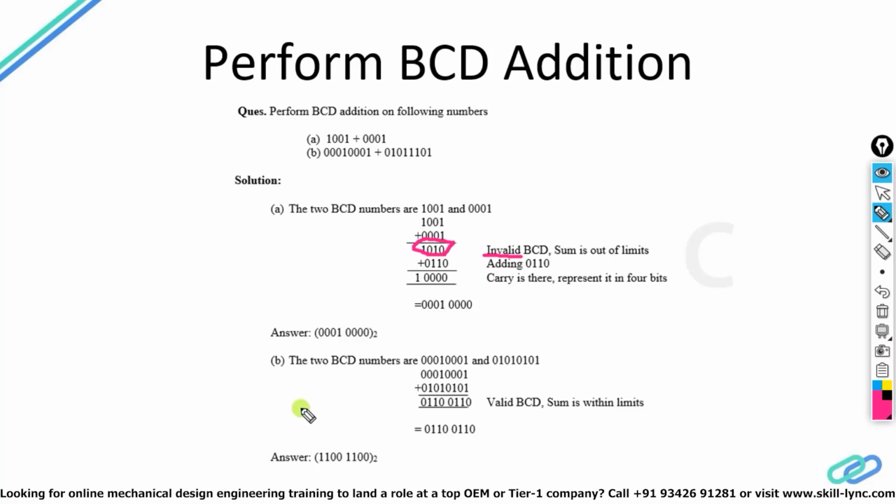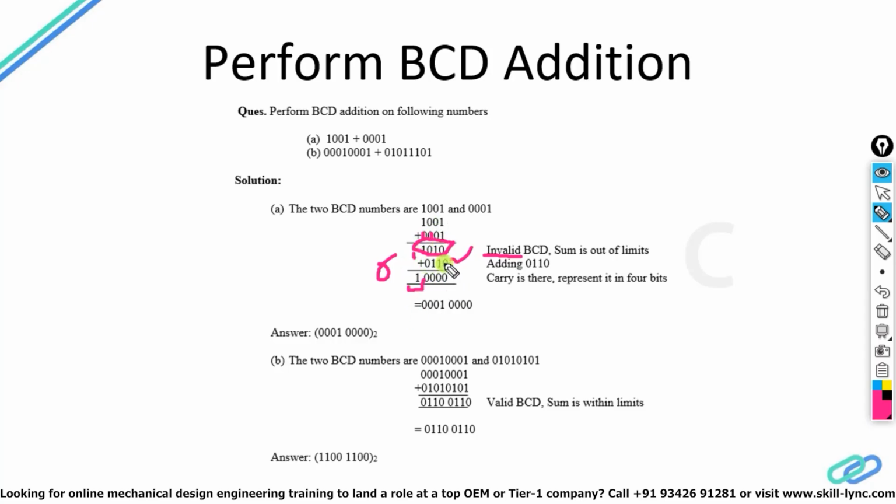So you will add 6. 6 means 0110. Simply add 0110 here. Adding gives 1 0000 with a carry. How can we say it is a carry?